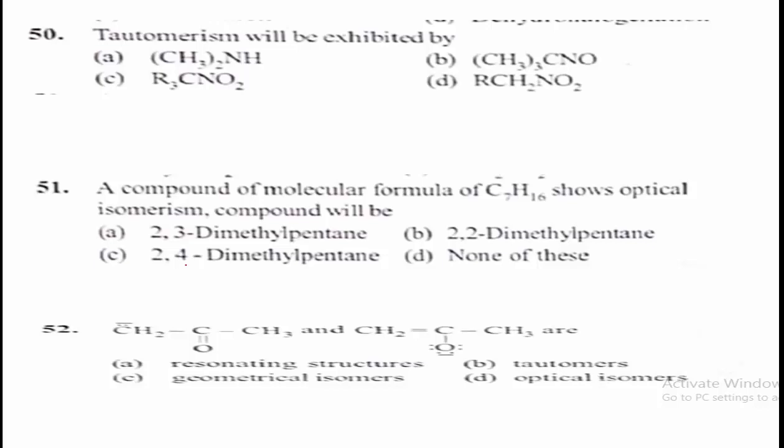Therefore it shows tautomerism, whereas the other structures do not. Because see here, for option D, I write the structure like this, RCH2, one N, double bond O and another O. Yes, is it right?